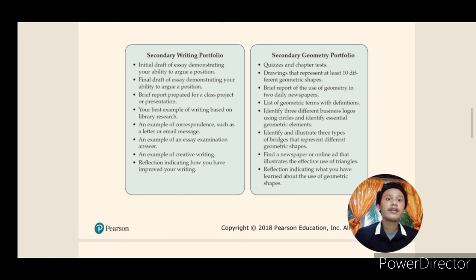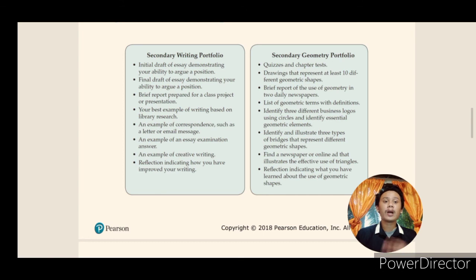So next is the secondary geometry portfolio. This includes quizzes and chapter tests, a collection of drawings that represent at least 10 different geometric shapes, a brief report on the use of geometry in 2 daily papers, lists of geometric terms with definitions, identifying 3 different business logos using circles and identifying essential geometric elements, identifying and illustrating 3 types of bridges that represent different geometric shapes, finding a newspaper or online ad that illustrates the effective use of triangles, and a reflection indicating what you have learned about the use of geometric shapes.